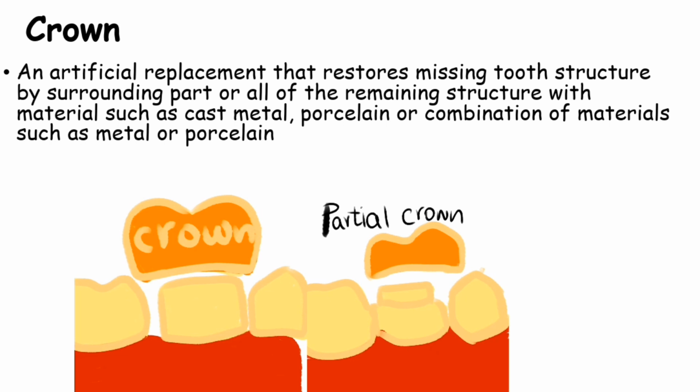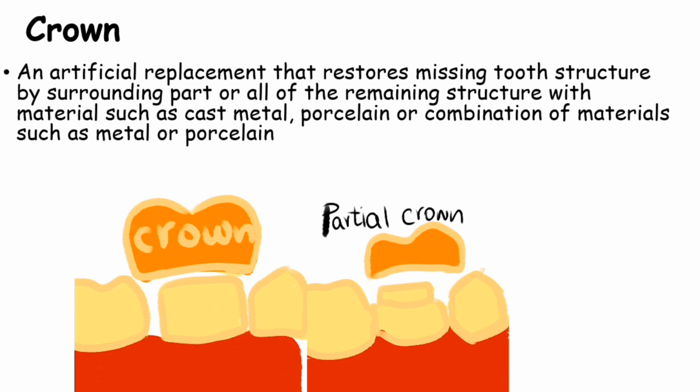What is a crown in FPD? It is an artificial replacement that restores missing tooth structure by surrounding part or all of the remaining structure with materials such as cast metal, porcelain, or a combination of materials such as metal and porcelain.